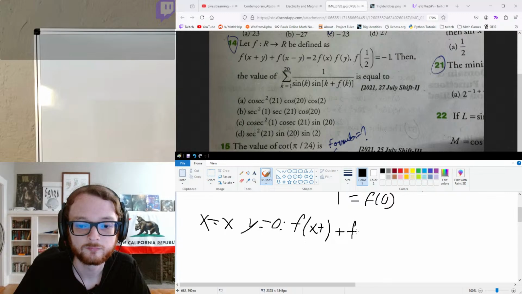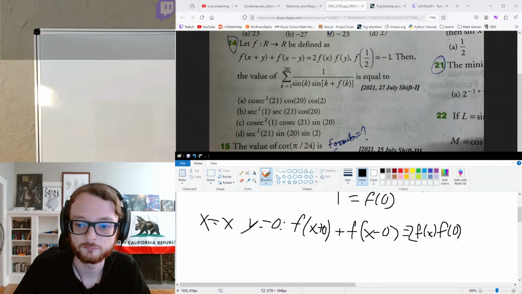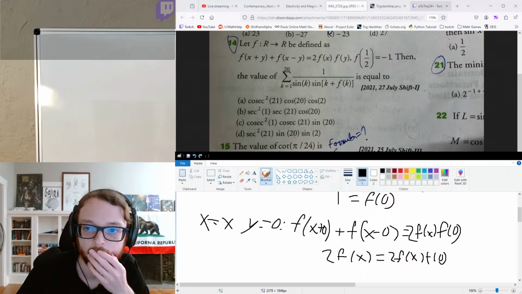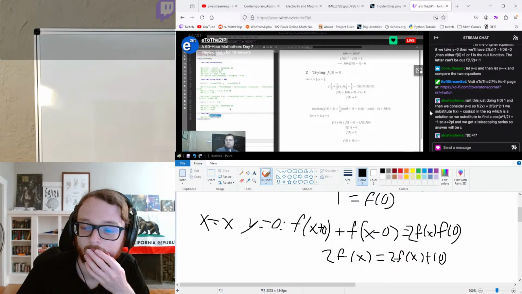So trying f of 0 equals, what was our assumption? F of 0 equals 0 first. If we try that, f of 1 gives us contradictory results, and so we can't let that happen. F of 1 equals 1.